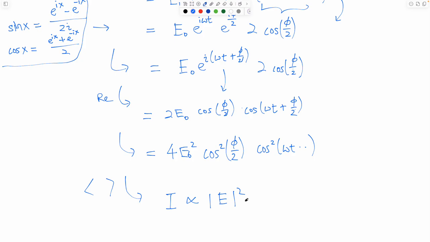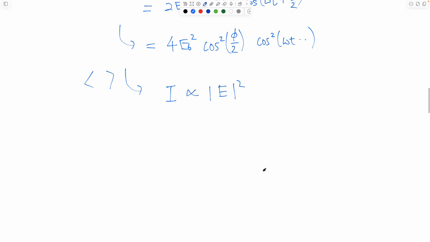The reason is because the time averaging will introduce a factor of half, but because we're talking about proportionality, it doesn't really matter. We really only care about what this factor in front is. I know the cosine squared time averaging will introduce a factor of half, but for convention, we just keep this whole thing because it's more complete.